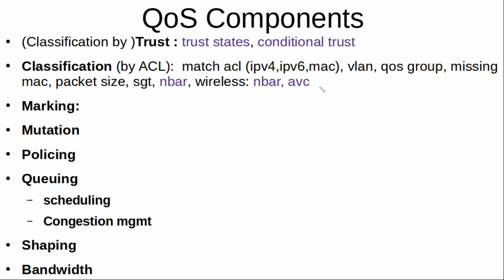So we could still use ACLs: IPv4 ACLs, IPv6 ACLs, MAC address ACLs. But in current switches, you can classify by matching VLAN number, quality of service group, missing MAC addresses in the MAC address table, packet size, the scalable group tag.